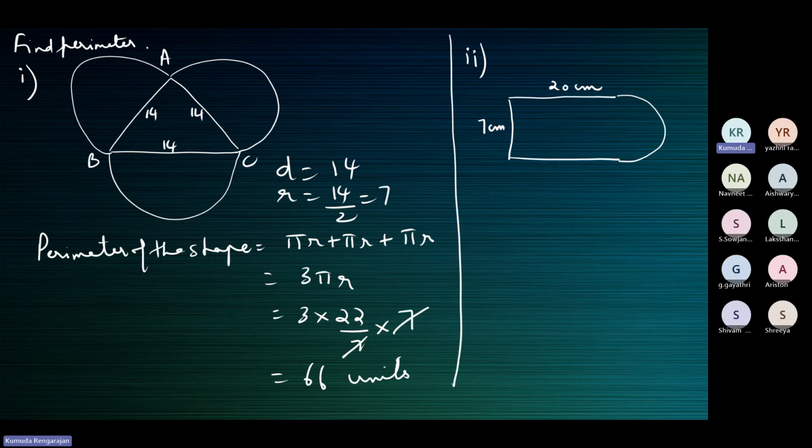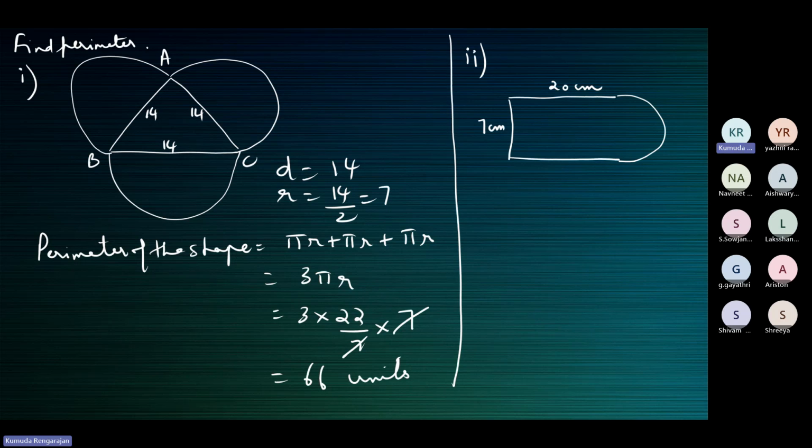Tell me the radius of the semicircle, children. What is the radius of the semicircle? Ma'am, 3.5. Lakshana, very good.